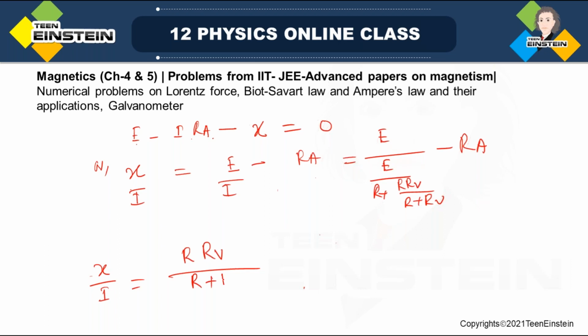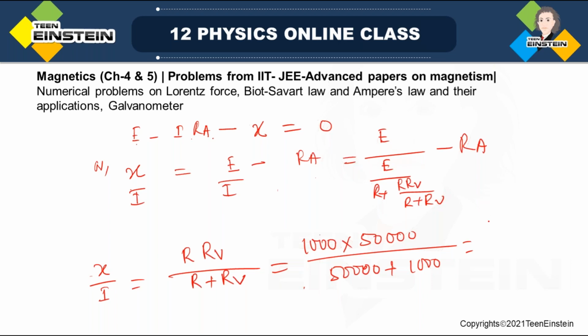Okay, so this R is given as 1000 ohm. RV, the voltmeter resistance, is given as 50,000 ohm, divided by 50,000 plus 1000, right?